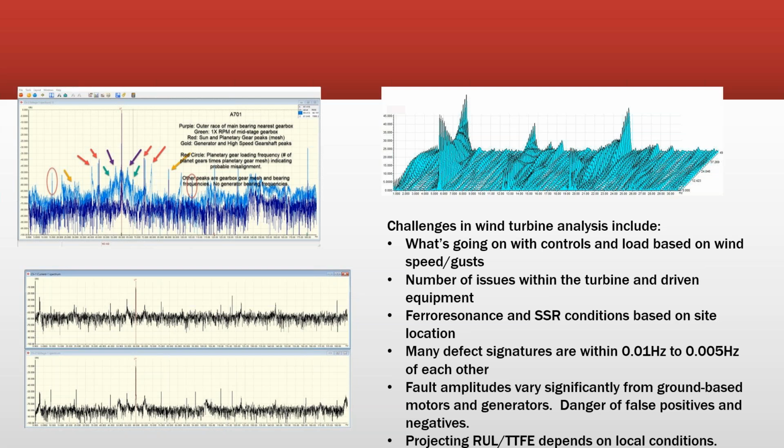It wasn't until later, when we were doing a research project for a site in West Texas, that we identified that some of those conditions may be coming back from the grid versus just the resonance occurring between the transformer and the generator circuit itself. There are many defects that are within half a thousandths, or 0.005 hertz, of each other, and we have to be able to identify those. That means very, very tight resolution, and some of it looks like noise.